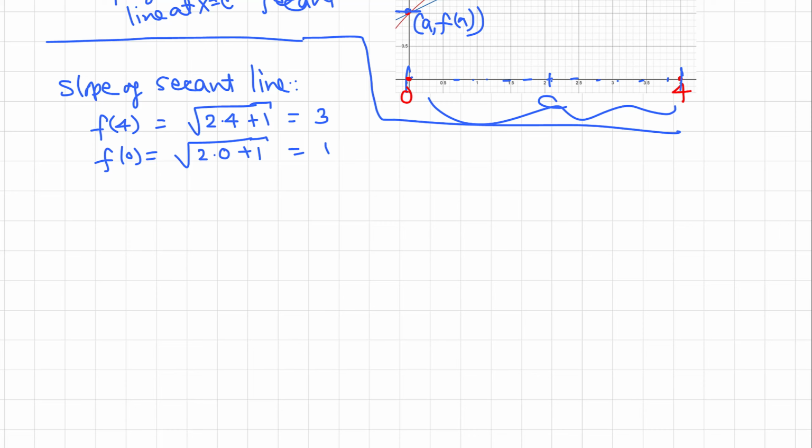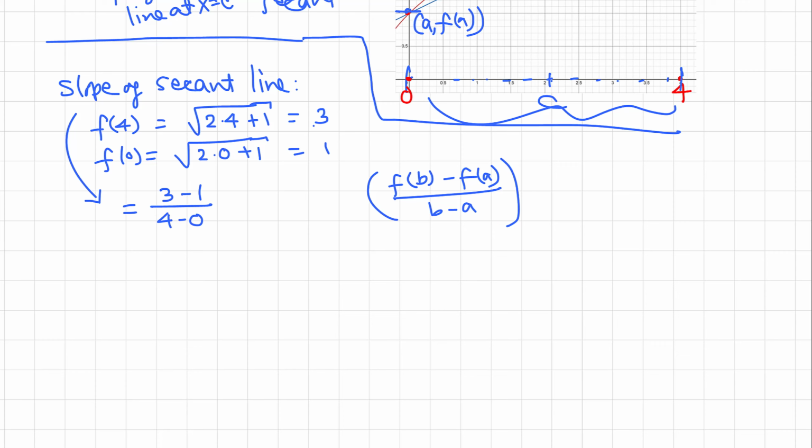Then the slope of the secant line is 3 minus 1, that's the rise, f(4) minus f(0), over 4 minus 0. Pretty much I'm doing f at the next point minus f at the previous point, divided by b minus a. Run is from 0 to 4, so 4 minus 0. This is a, this is b. So this is 2 over 4, which is 1/2.